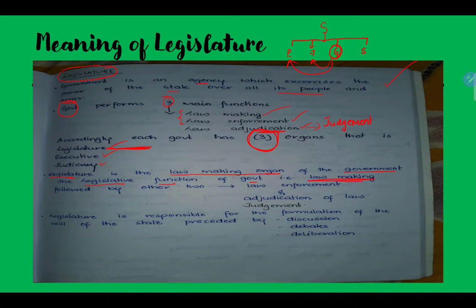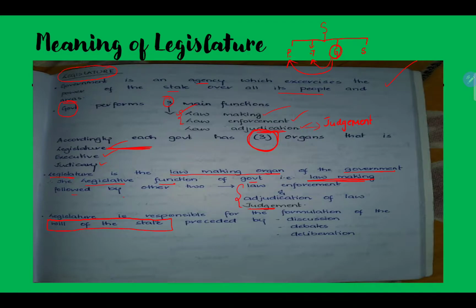Don't be confused: the main function of legislature is just lawmaking, and law enforcement and law adjudication will follow. Legislature is responsible for the formulation of the will of the state. Who is responsible for the formation of the will of the state?